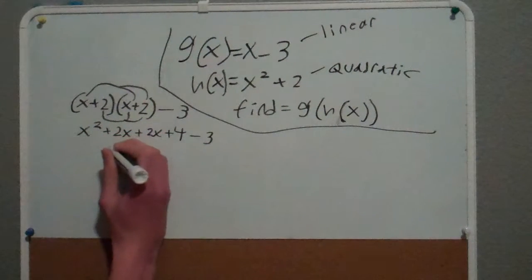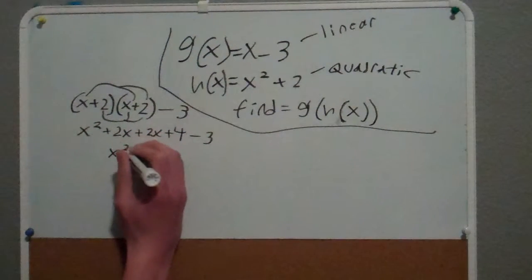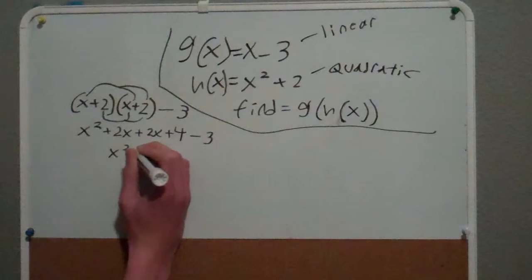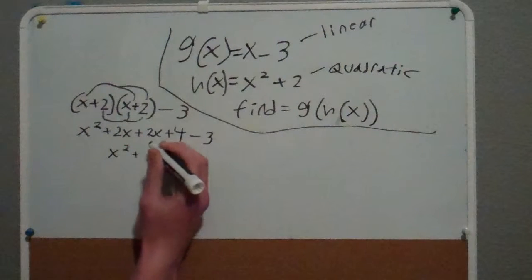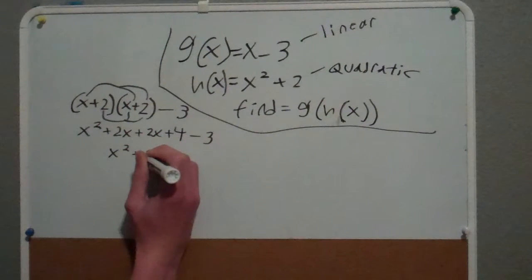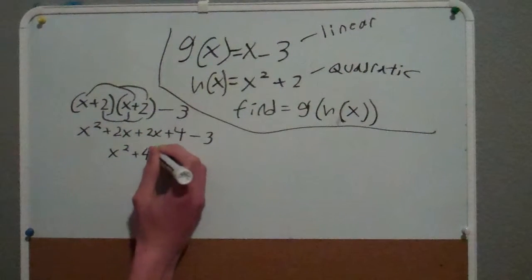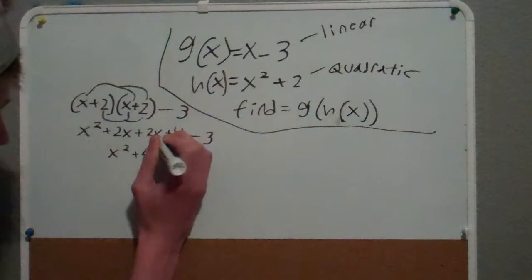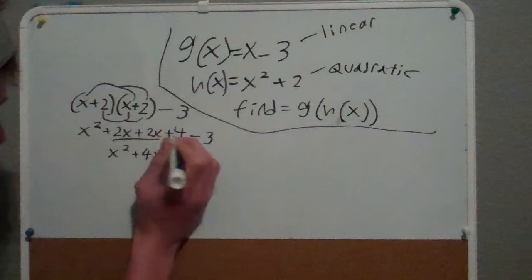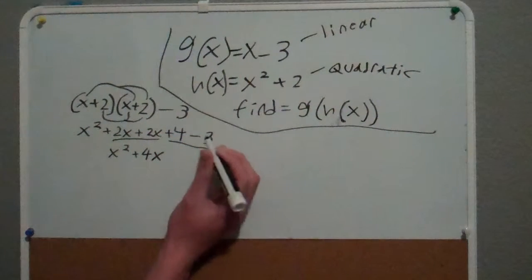And simplify it even more. So you're gonna add x squared. Now these two will add up together since they're the same. They both have the same x on them. And these two also.